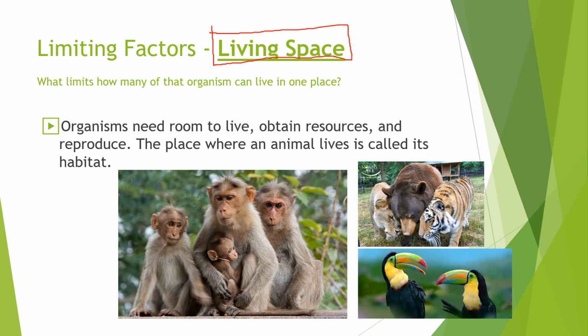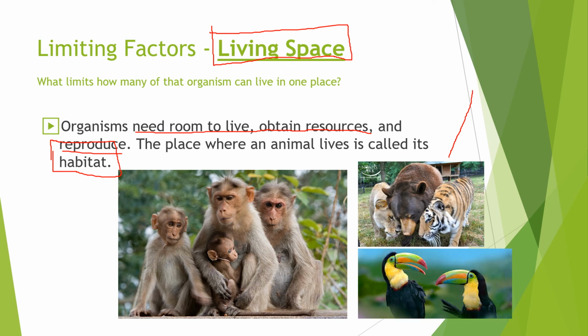But either way, organisms need room to live, to obtain resources, and to reproduce. Okay, and the place where that animal lives is called its habitat. We mentioned that before in the vocab as well. But if there's not enough living space for the animal to have their habitat, they will not be able to live there. And the population will either die off, move to a different area, or have serious consequences.